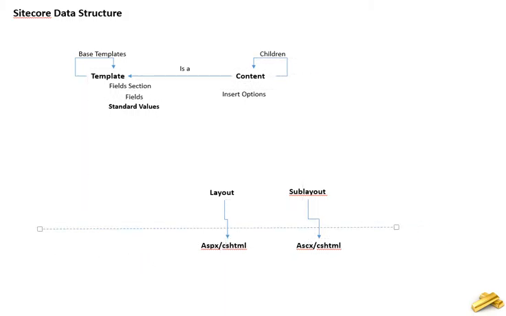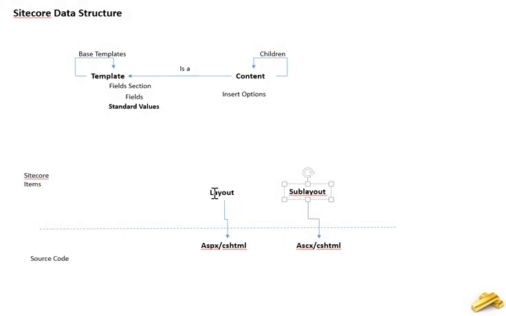The line above you can consider Sitecore items, and the line below is the Visual Studio source code. The linkage happens by defining the layout and sublayout items.